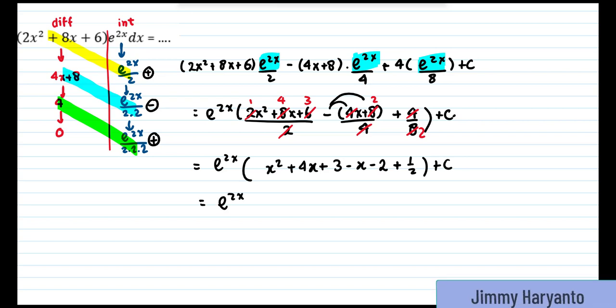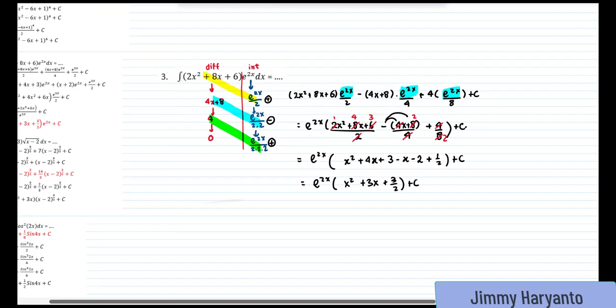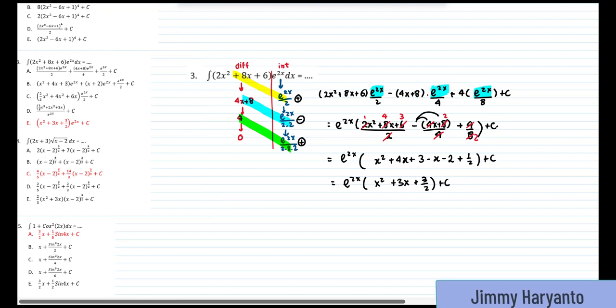You will have e to the power of 2x times x squared plus 3x, that's it, 1 plus half, 3 over 2, and then plus c. There you go. Yeah, it's the same.